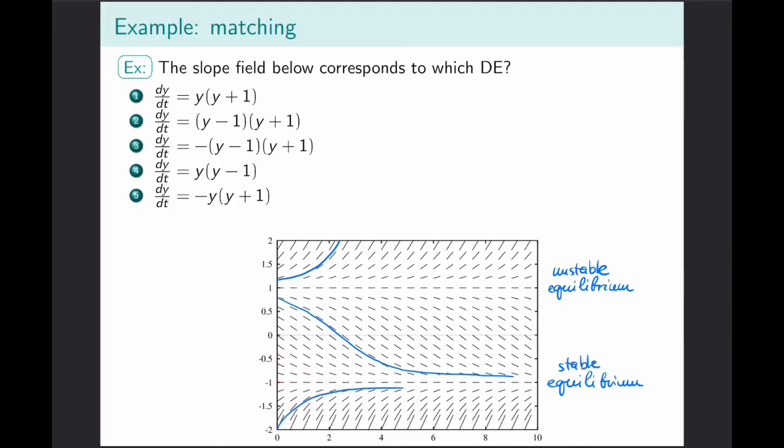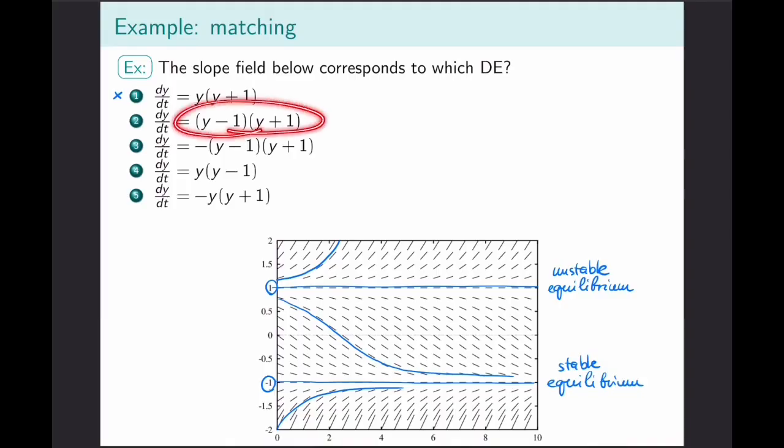I have two equilibria at 1 and at -1, which means that whatever differential equation matches the slope field has to have only 2 points at which it's equal to 0, 1 and -1. If I set this to be 0, I notice that I'm going to have y equals 0 or y equals -1, but y equals 0 is not a steady state in my differential equation, so this equation does not match my slope field.